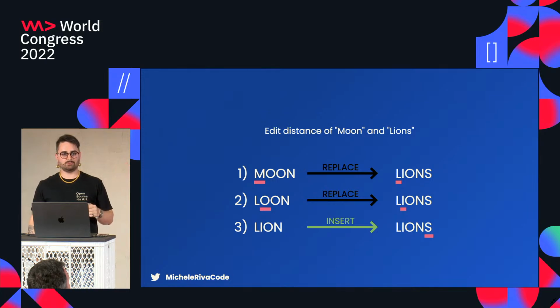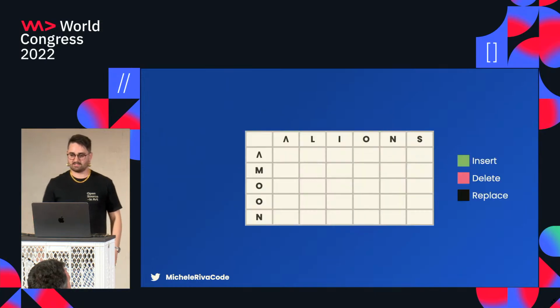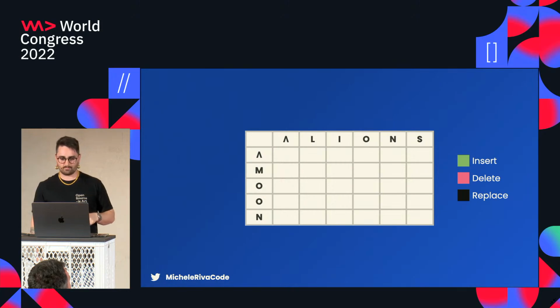We just use our intuition. How do we compute that? How does a computer know that these are the steps we need to take to transform moon into lions? Let's use the dynamic programming table, where each cell is a subproblem. So as you can see, we have 2 capital lambdas. It means empty string, basically. And every subproblem can be described as follows.